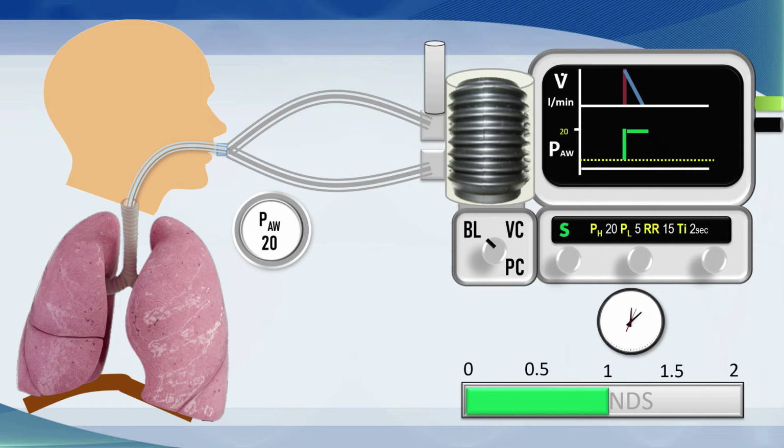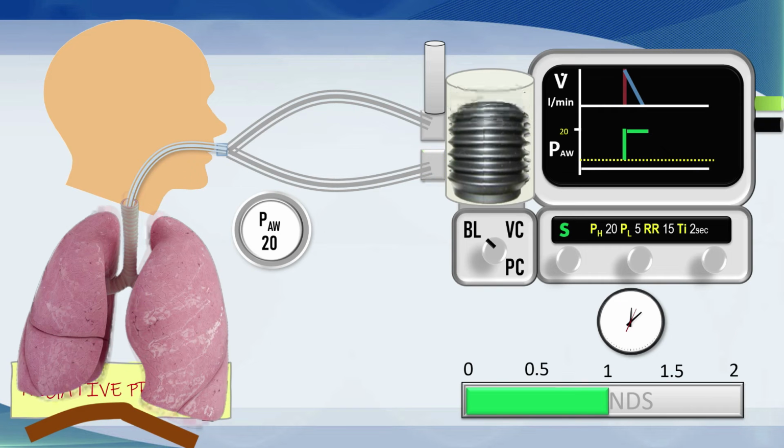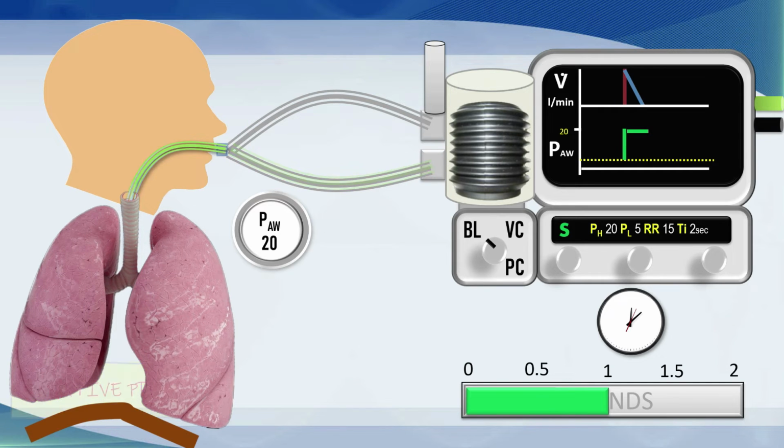1 second has passed and the airway pressure is being held at 20 centimeters of water, and now the patient takes a spontaneous breath. Remember, there's flow triggering going on the whole time, so flow by is active all the time, and when the ventilator senses that the patient is taking a breath, it generates a flow of gas.